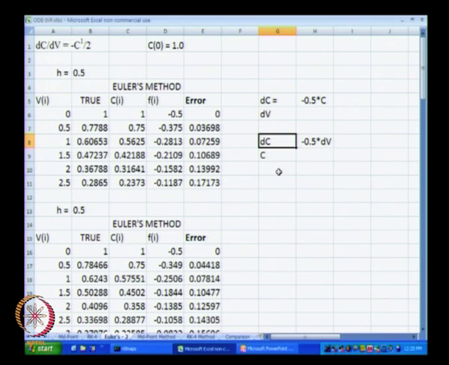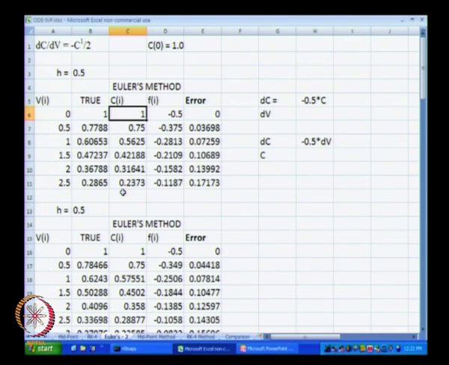So we will have ln of C divided by CA0, where CA0 was equal to 1. So ln of C is going to be equal to minus 0.5 V, or C is going to be e to the power minus 0.5 V. And this is what we have written over here. Concentration is equal to e to the power minus 0.5 multiplied by V, or minus V divided by 2. So that is the true value that we get.